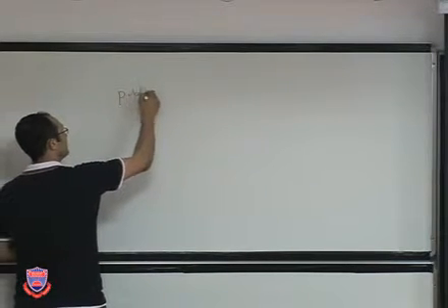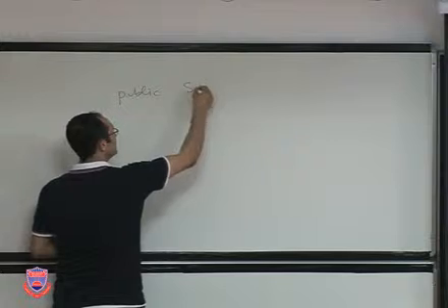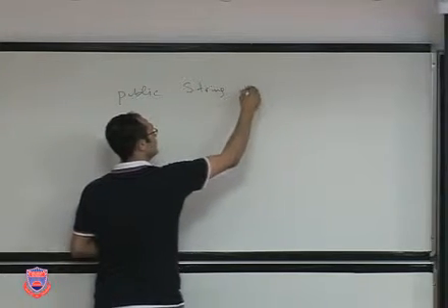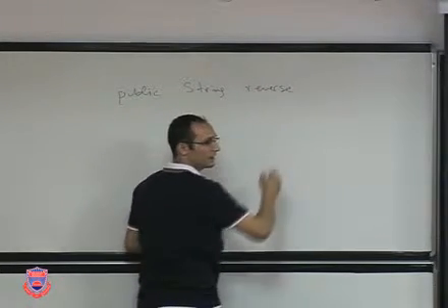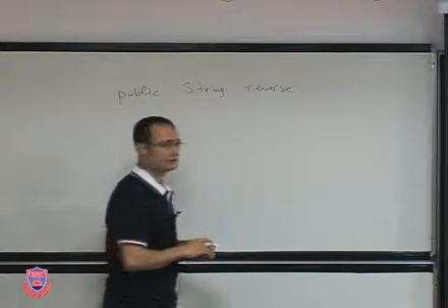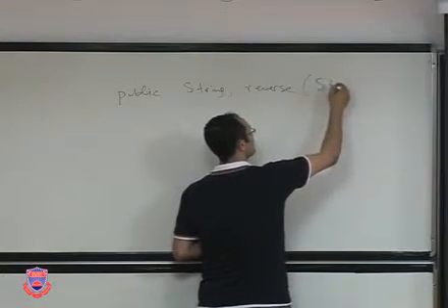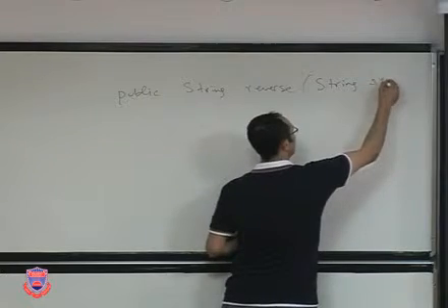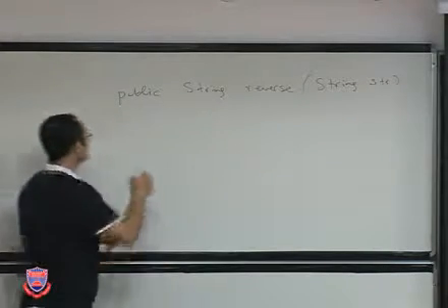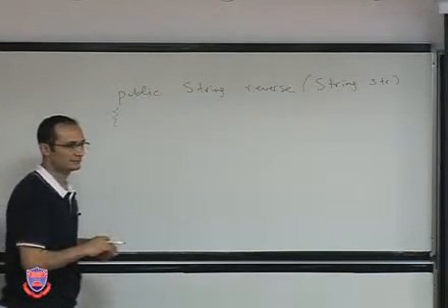So let's say you're given a public string reverse method, and you're asked to get the reverse of the argument that is passed to the method, String str. So how am I going to reverse this string str?